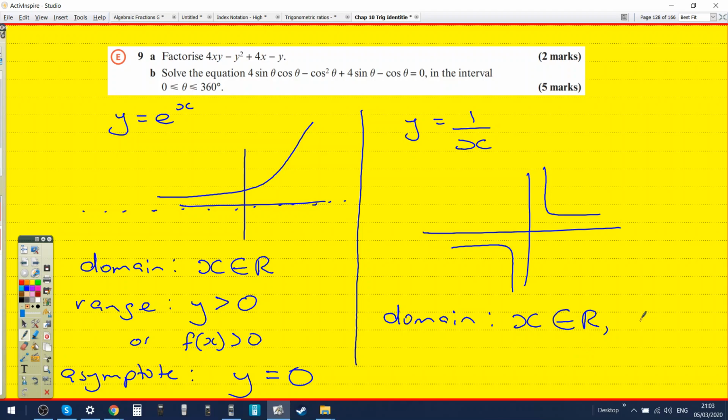What number can x not be? 0. Yes, and so that's a limit there. And then I think the range for y is just anything, or is it? Is there a value y can't take? 0 as well. Y can't be 0 either, because you could rearrange that to be x equals 1 over y.